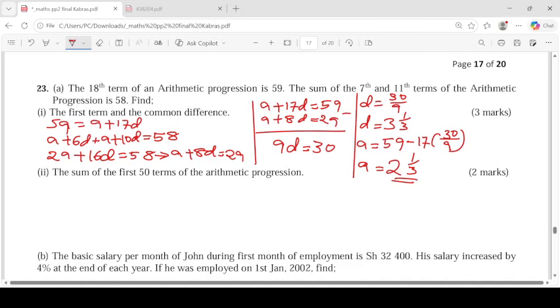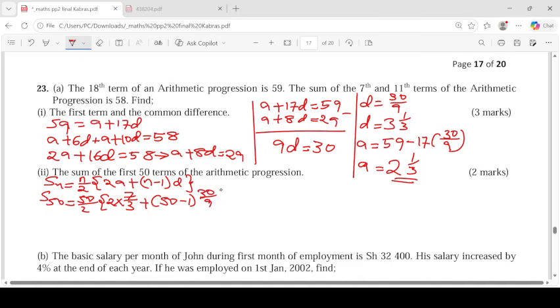Roman 2, the sum of the first 50 terms of the AP. Sum of n terms is given by n over 2 into 2a plus n minus 1 into d. So the sum of 50 terms will be given by 50 over 2 into 2 times a, which is 7 over 3, plus 50 minus 1 into d, which is 30 over 9.